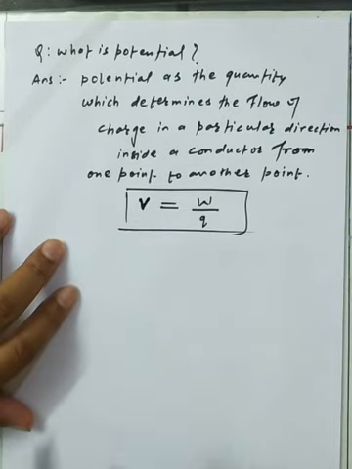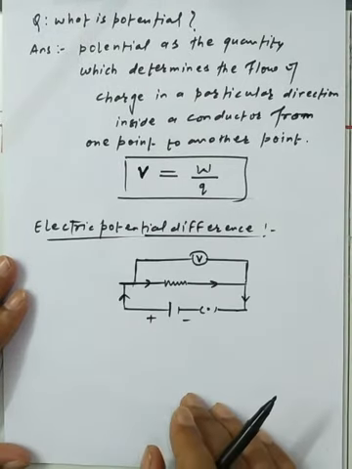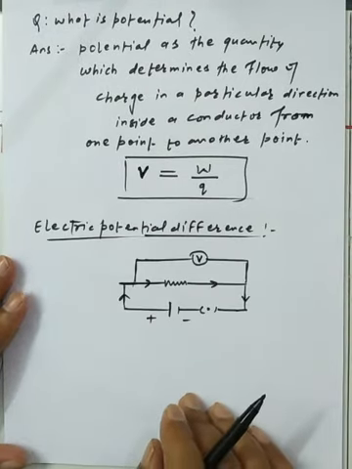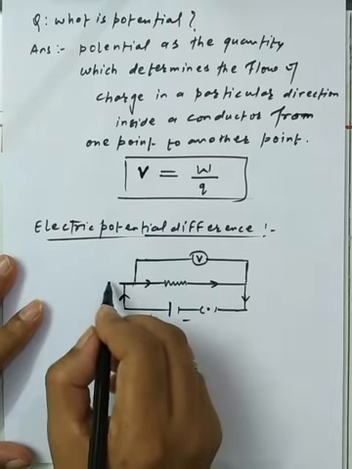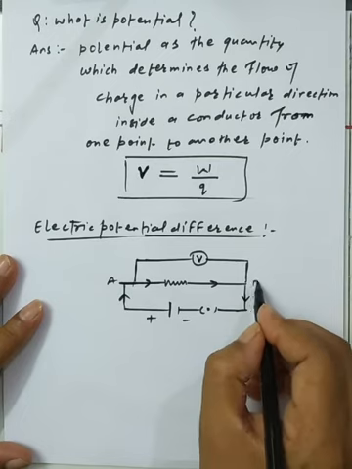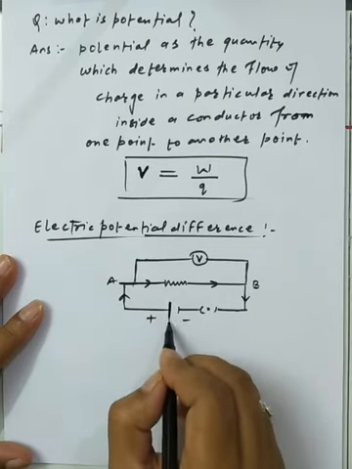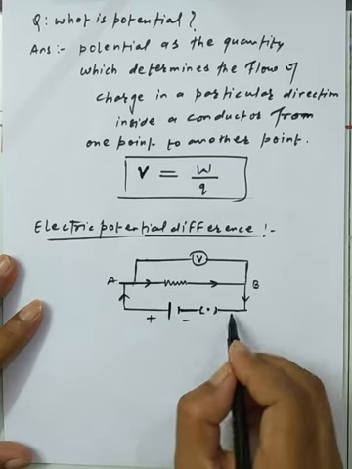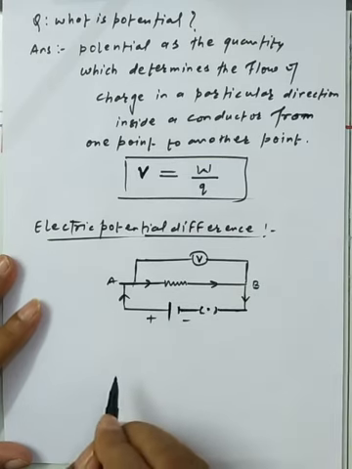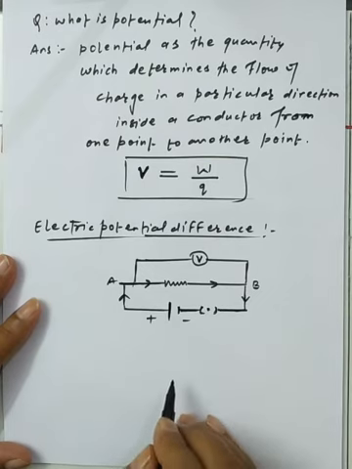Now we will talk about the electric potential difference. Now we will make a little change in the definition of the electric potential. Simply we are assuming that we have a portion of a conductor, and this is point A and this is point B. Now we have attached a cell, which works like a source, and definitely the cell has the work to drag the charge to move from the higher potential to lower potential.